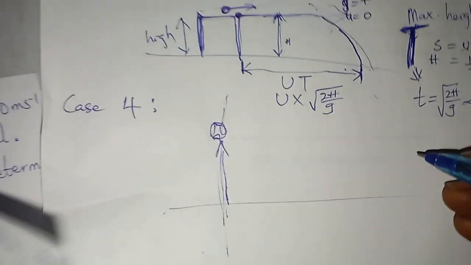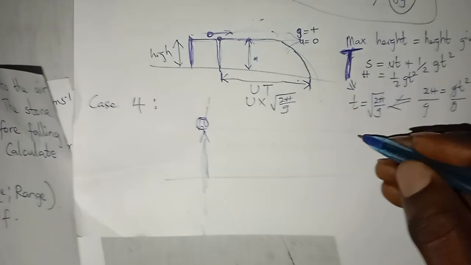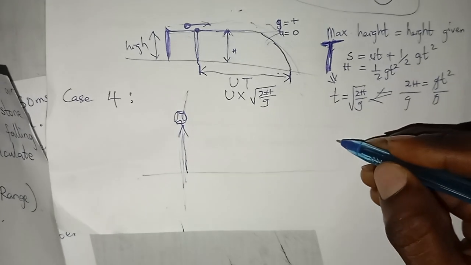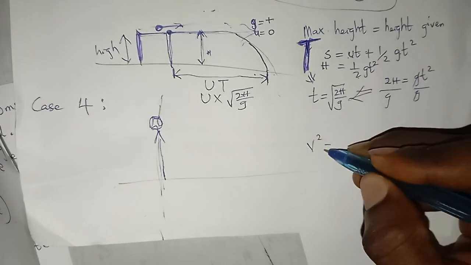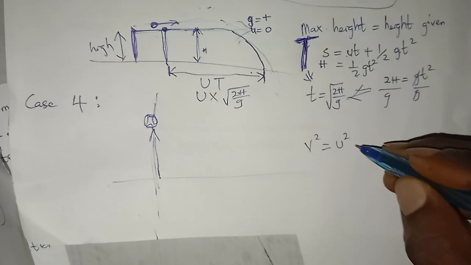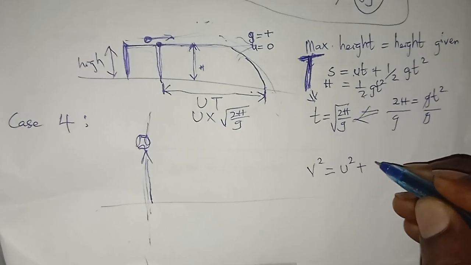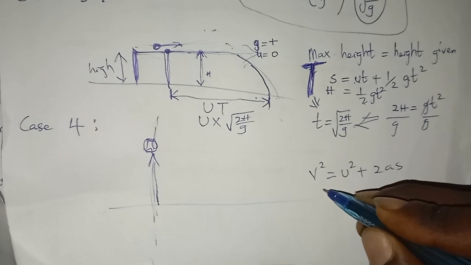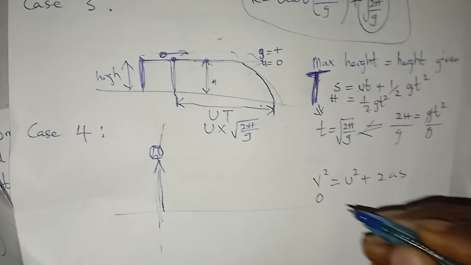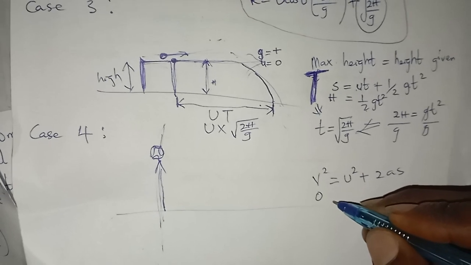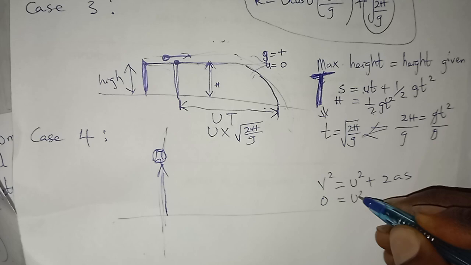So for that reason, if they ask me to find the maximum height, all I will need to do is to simply say v square is equals to u square plus 2as. Remember I told you always use this formula anytime they ask you for maximum height. Now see, for the fact that the ball is played up, at maximum height or anything thrown up, the final velocity v will be 0 equals to u square.